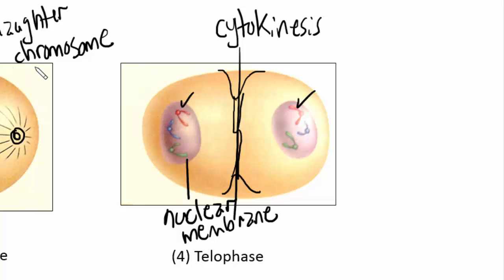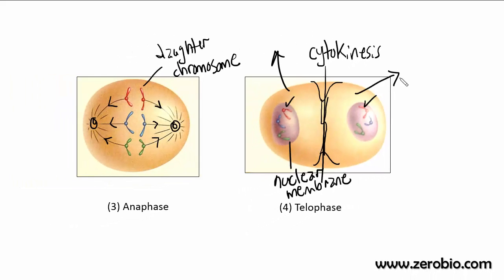Mitosis involves the chromosomes and nuclear events. Cytokinesis occurs after, and it splits the cytoplasm, and we will end up with 2 daughter cells, one going that way, one going that way. These will be our daughter cells right there, 2 of them, and they will be identical, and mitosis has done its job.